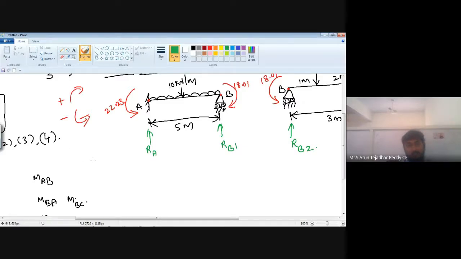We have summation of, first of all, moment about A is equal to 0. It means whatever the forces passing through A, all are 0. Here RA is passing through A, so RA into 0, that is not required here. Next, remaining.